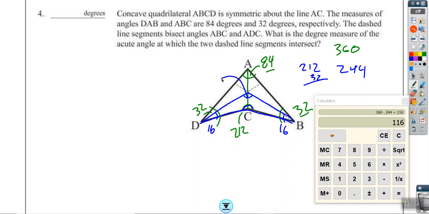So I know that this is 116. Well, that means that these angles here form a linear pair. They add up to 180 degrees. So all I have to do is subtract that value from 180, and I get 64 degrees.